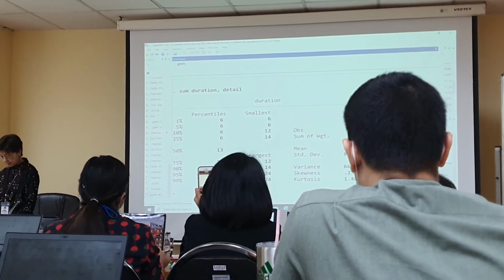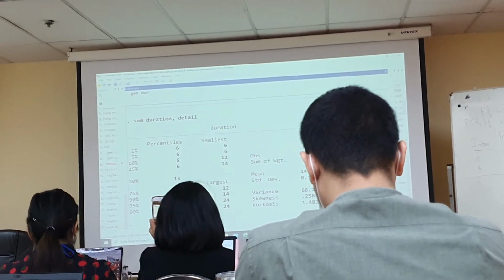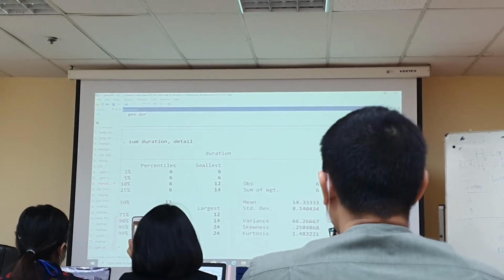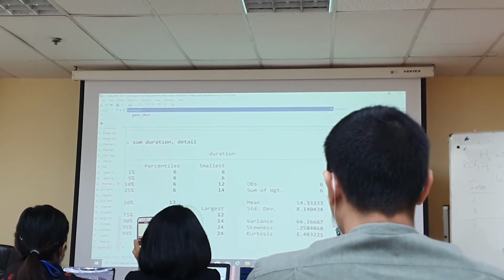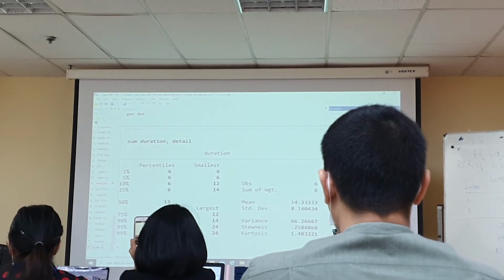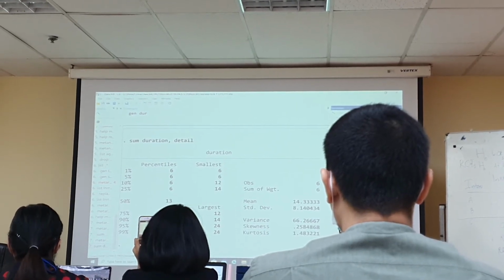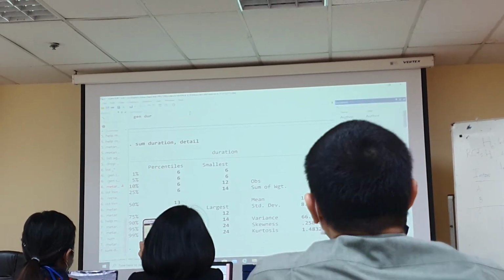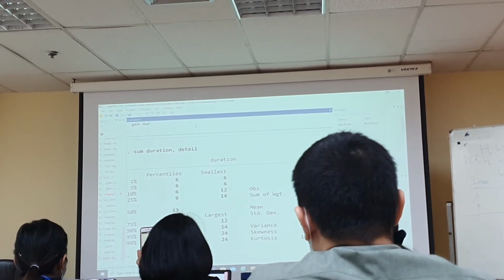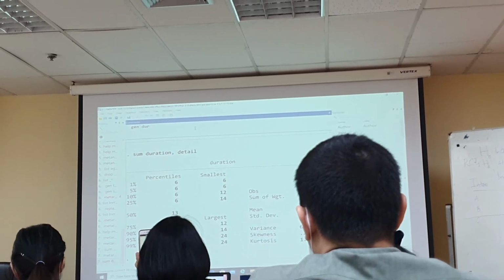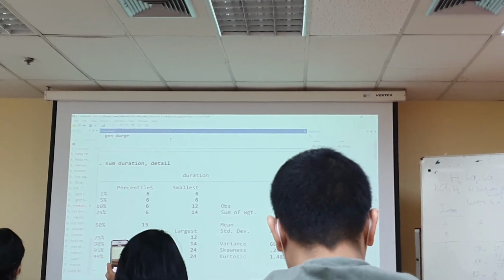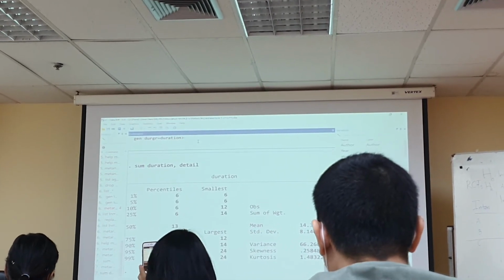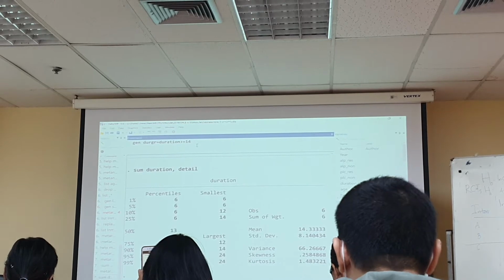Then you have to generate the new variable called duration GR, equal to duration greater than or equal to 14. Very simple.